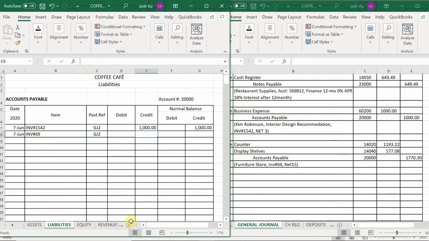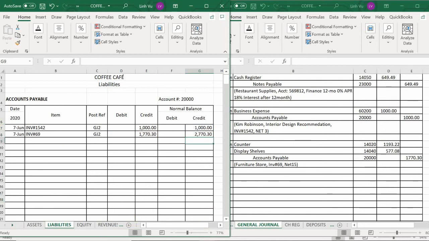This time we've increased our liability. How much do we owe? 1,770.30. Good. If I increase my liability, how much is my grand total? 2,770 and 30 cents. Exactly.